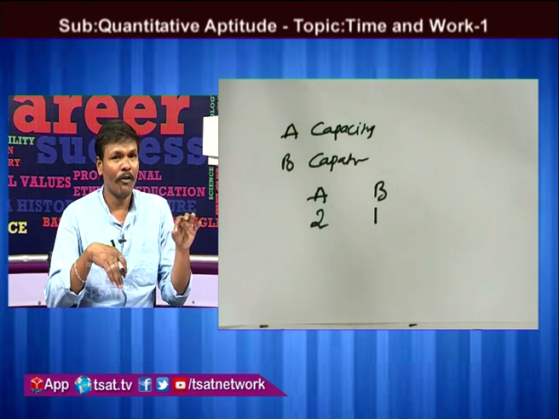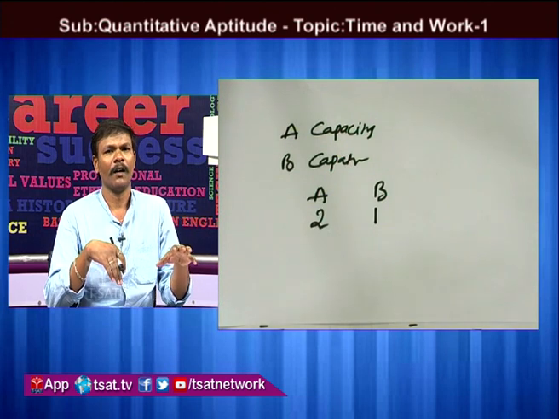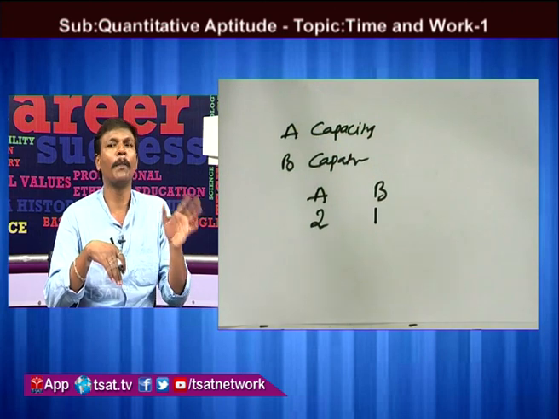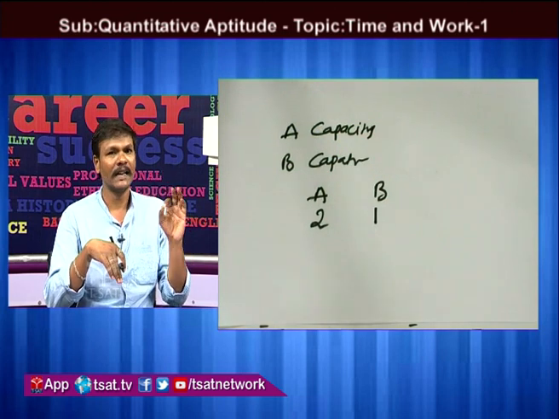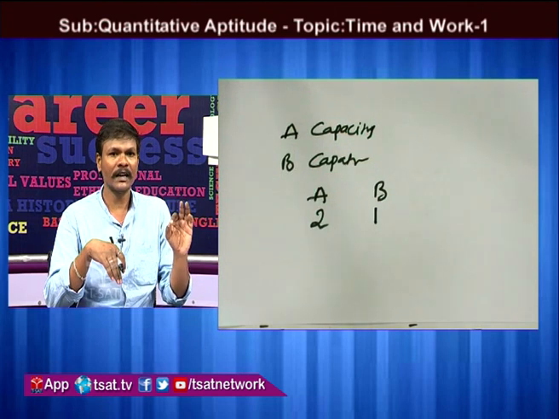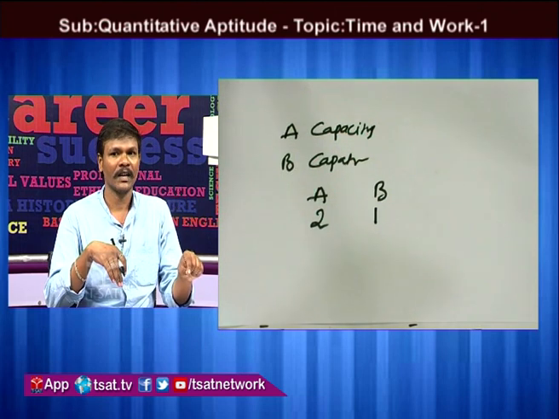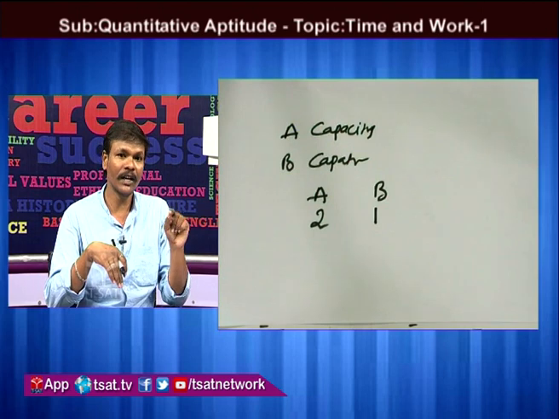When we have more capacity, we can complete the work in less time. When we have less capacity, we take more time to complete the work. That means the more capable person takes less time, and the less capable person takes more time.